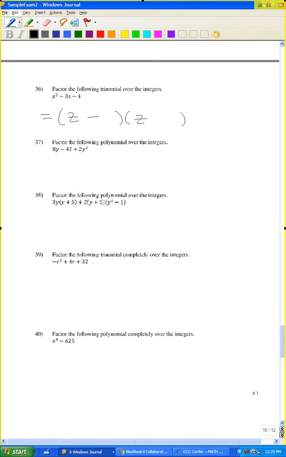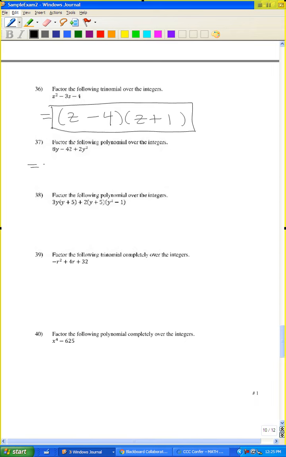Minus times minus is plus. I want to find two whole numbers whose product is 4 and whose difference is 3: 4 and 1. And you put the larger of those factors first.